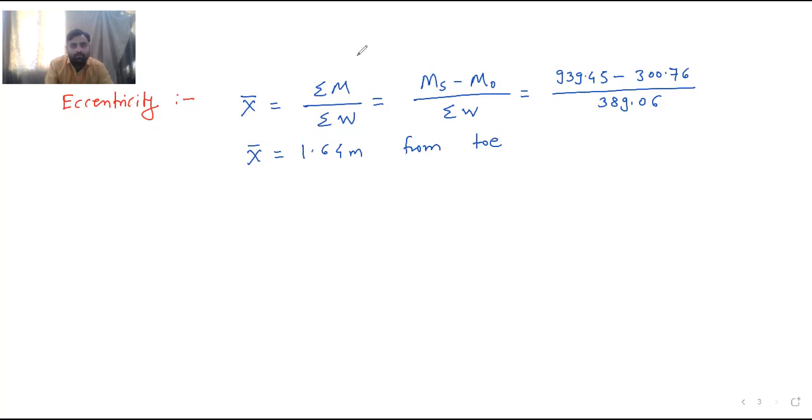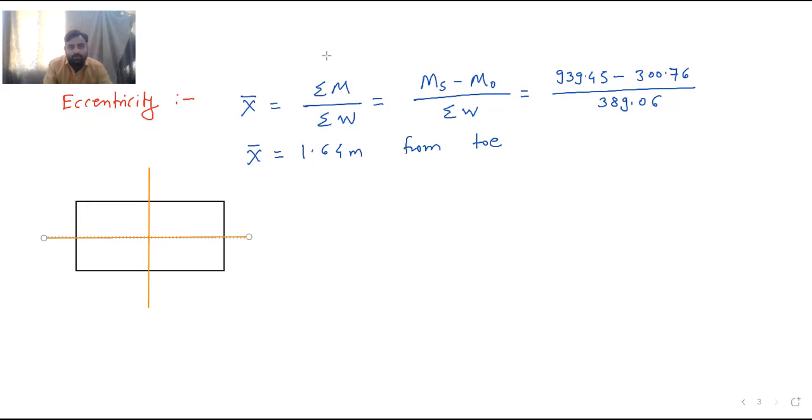So what is the eccentricity now? Again, I will show it by the diagram so that you will understand. Now see, this is in plan I am showing. The y-axis, x-axis. Okay. So now here the base is total 4 meter. This total is 4 meter and this is 2 meter.